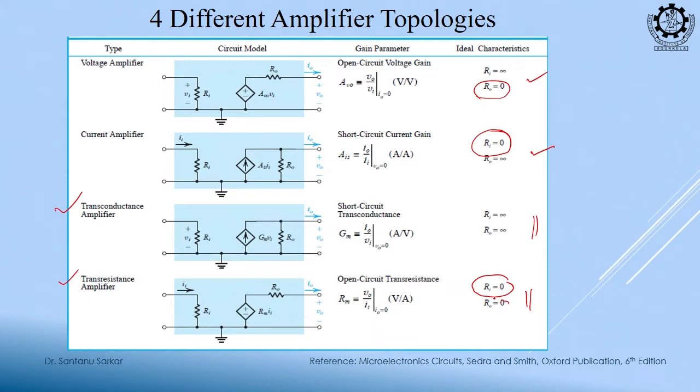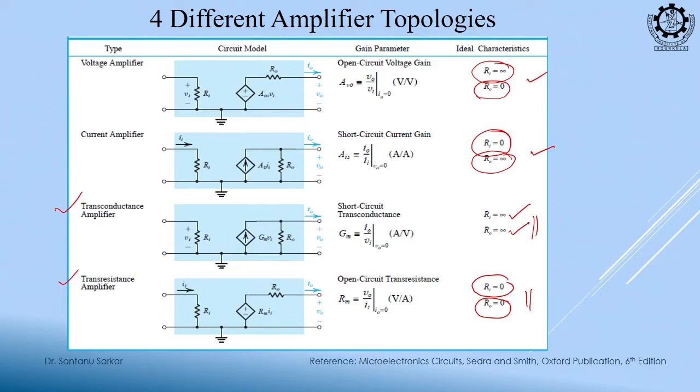Combining both, you get 0 and 0 for transresistance. Transconductance: input side is V, so input impedance requirement is infinity. Output side is I, current output, so output impedance is infinity. So, this is also infinity.